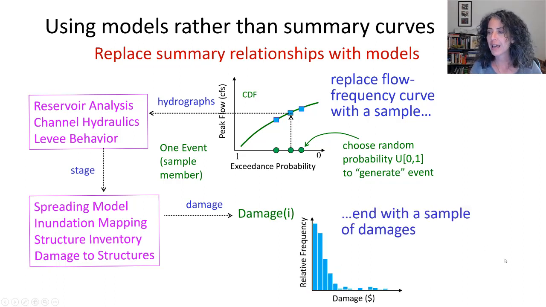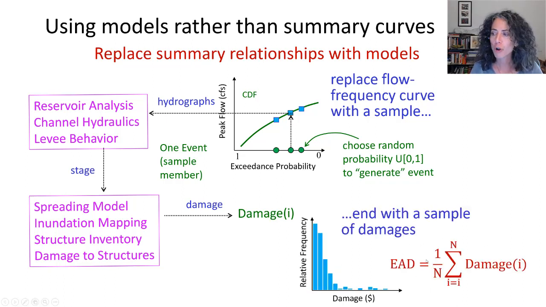And again, we end with a large sample of damages from which we can compute the average or expected annual damage. Right? So by going to a Monte Carlo simulation, it allows us to bring all of our complex modeling back into the analysis rather than having to just simplify it into the summary relationships. Now, there's even more benefit to this approach when we're looking at modeling an entire watershed rather than just one particular damage site. Right?